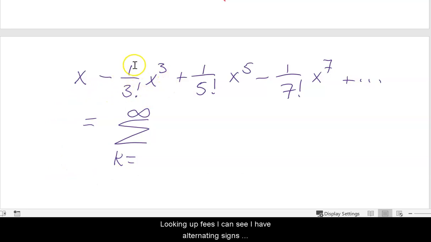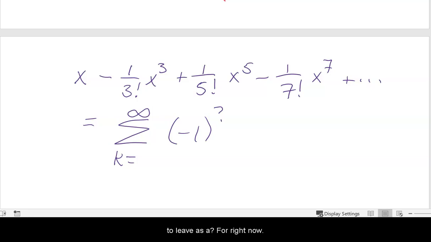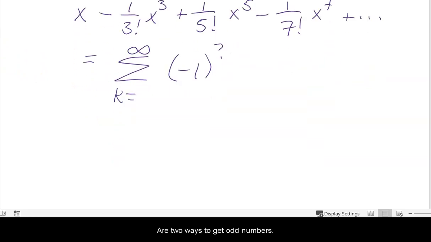Looking at these, I can see I have alternating signs, positive, negative, positive, negative. That means I have a -1 to some power, which I'm going to leave as a question mark for right now. Then I need to have a 1 divided by an odd number with a factorial. There are two ways to get odd numbers.